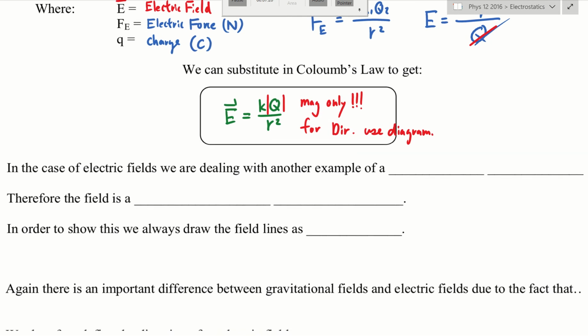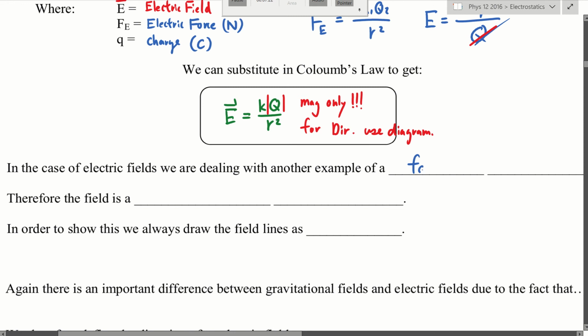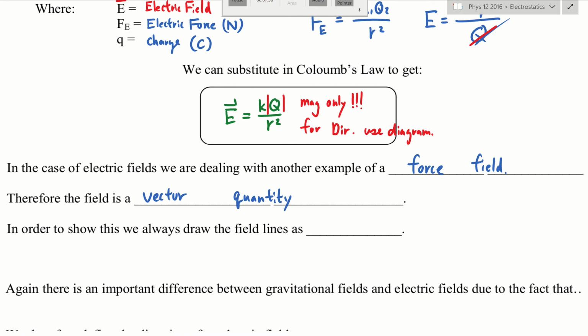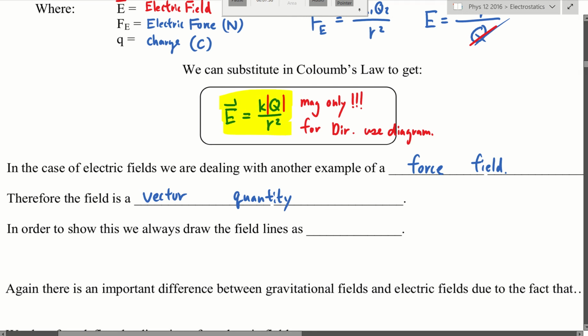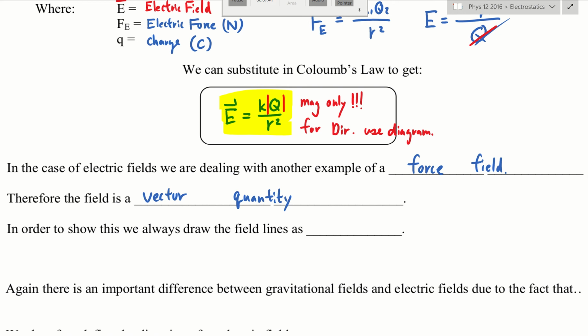Okay, so we are dealing with another example of a force field, which is a vector quantity. That means you need direction. But we are not using the equation for direction. We are only using the equation to get the value of the electric field at a certain point, and then we will use the picture or diagram for direction.